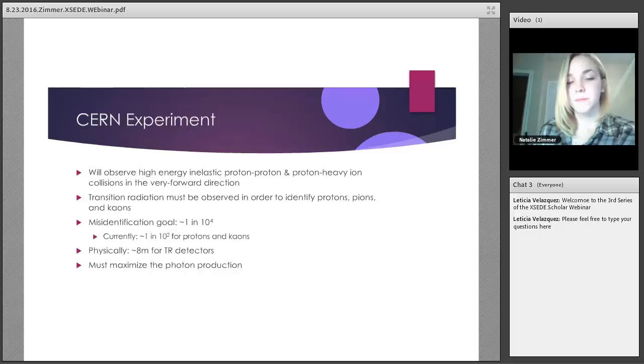And then the transition radiation will be thrown off, and you see that labeled TR.